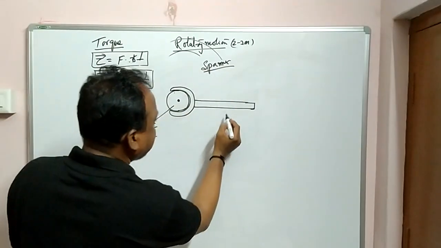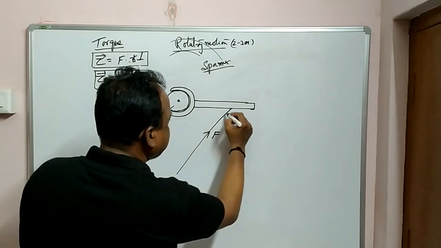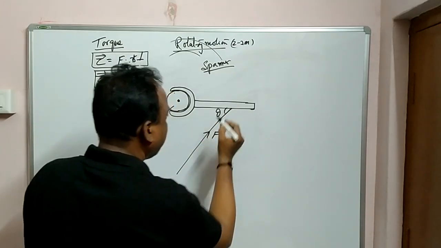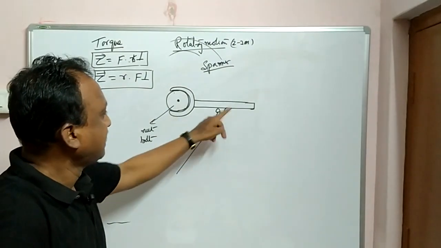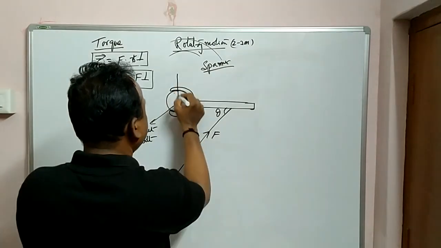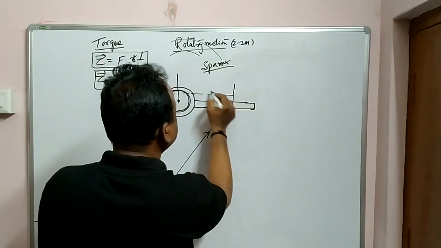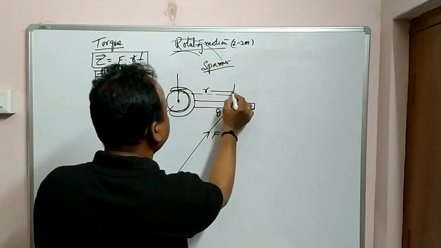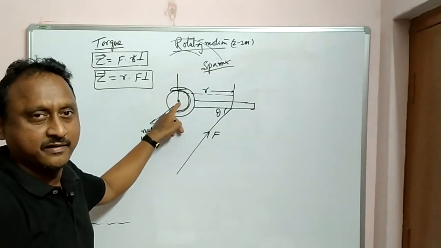Now for example, a force F is acted at an angle theta. Let a force F act on this spanner at an angle theta. Now let this distance from the point be some R. Let this point be some R from the axis, that means from the fixed point.